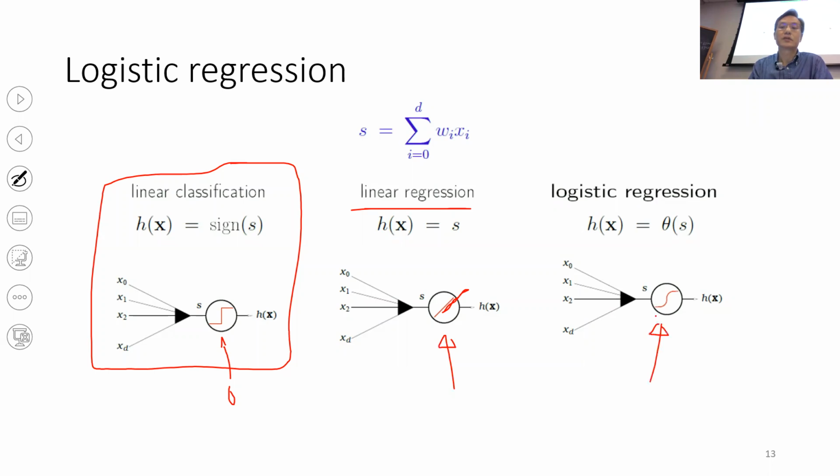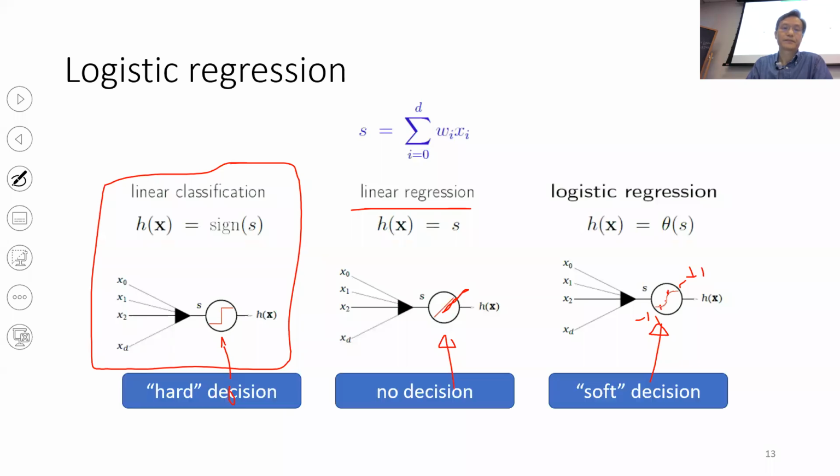In this case it's also not, because if you think this is +1 and that's -1, you have somewhere in between, -0.2, +0.3, a continuous variable. So: hard decision, no decision, soft decision.